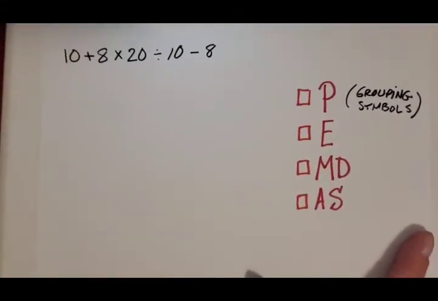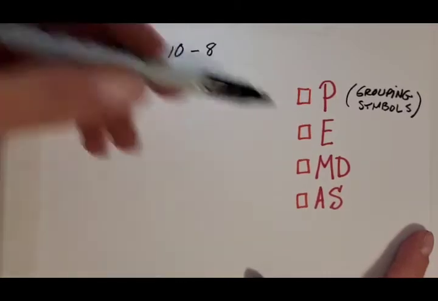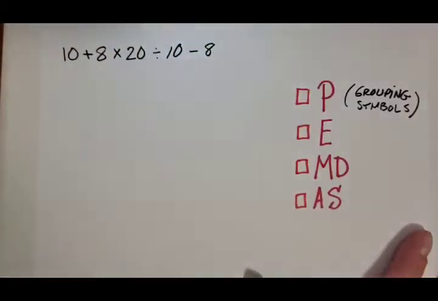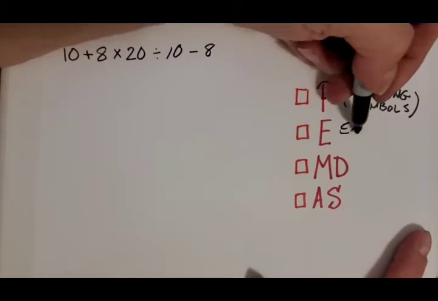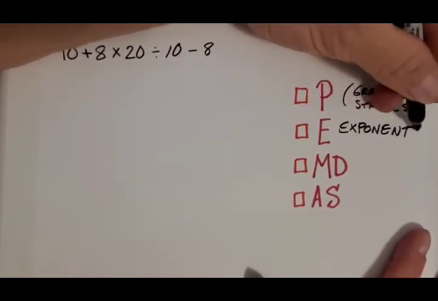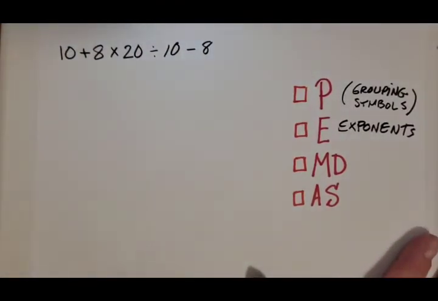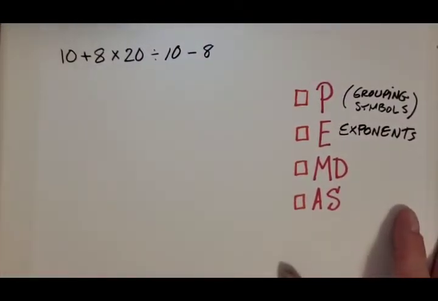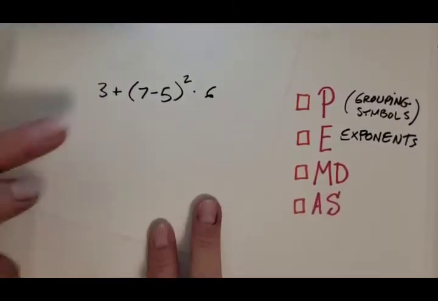Okay? Now the next thing to look for within the expression, the E. E stands for exponents. Well, of course, maybe this isn't the best example, but this expression does not have any exponents. This expression does.